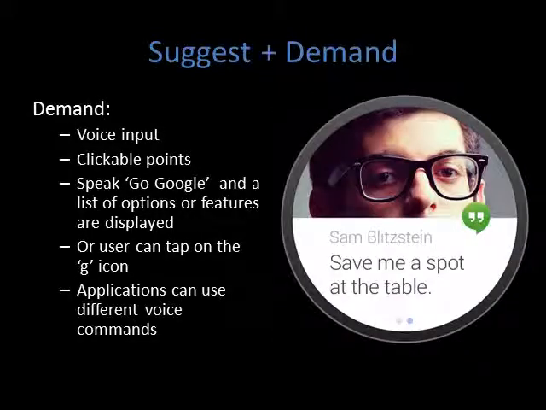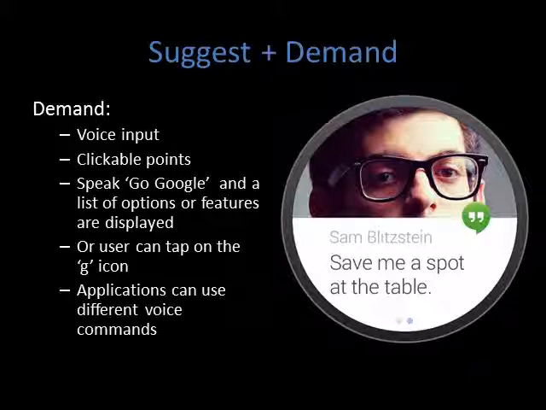The other mode is demand mode, wherein as a user you can seek the support of this Android wearable for data. So you can search for data through voice input, or you have some very limited clickable points on the screen where you can click and find the data which you need. To take a typical example of an Android wearable Motorola device, you can just say, go Google.